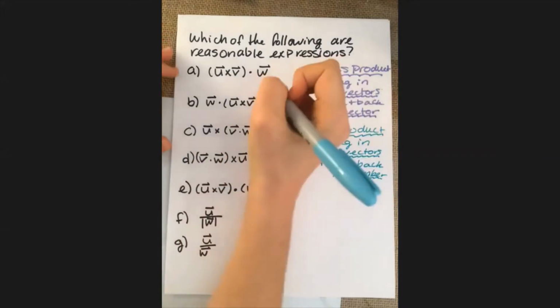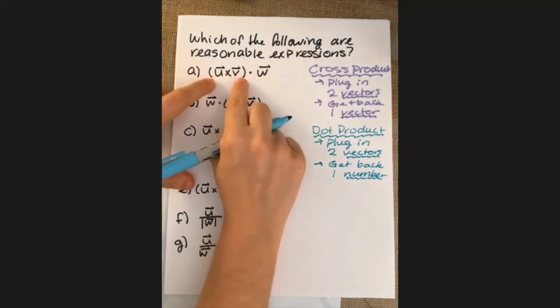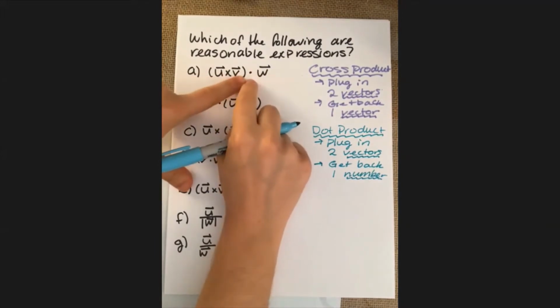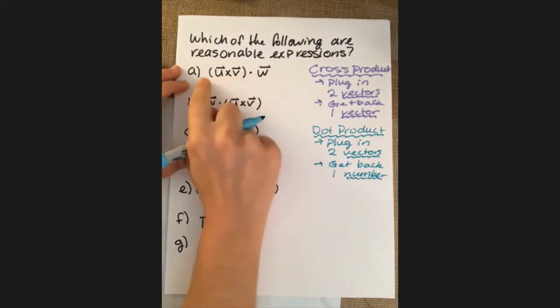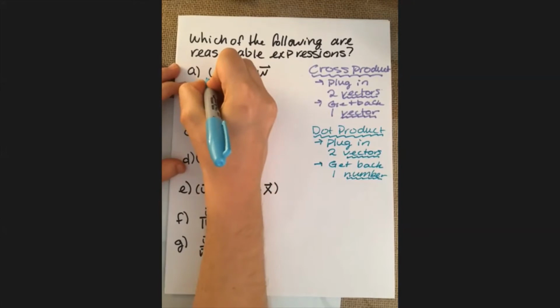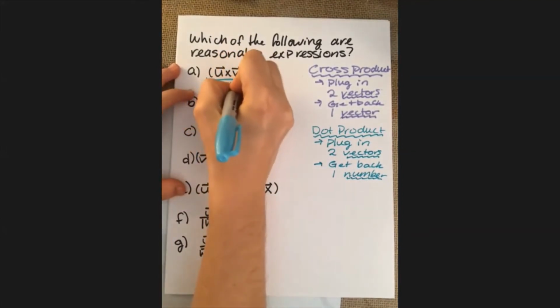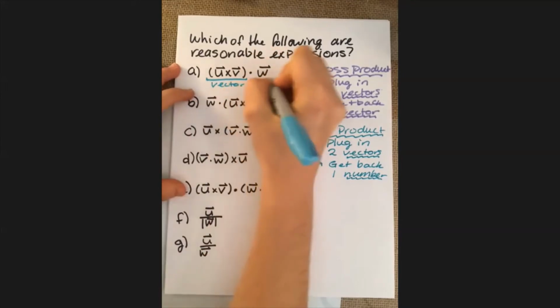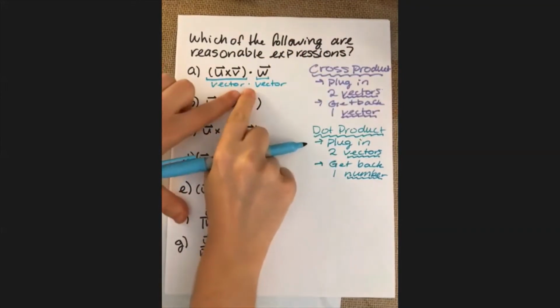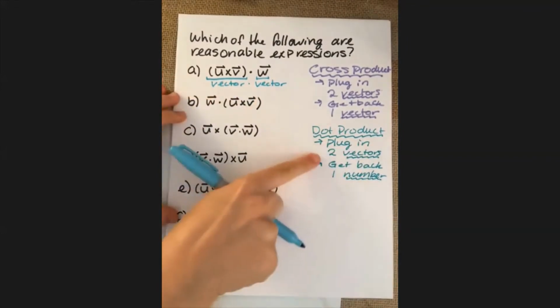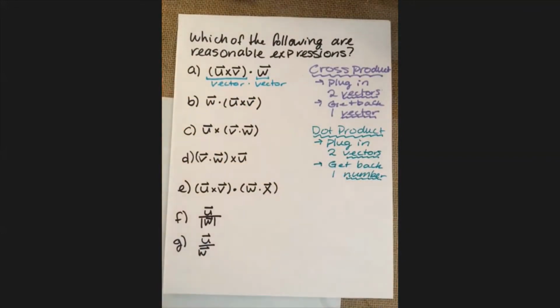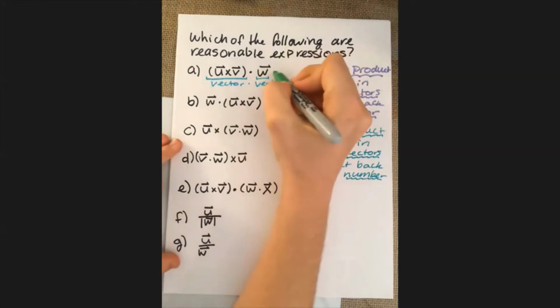The way to approach this is to just look at what's in the parentheses, see what we get back. Does it make sense with the next operation? So with this one right here, this is our cross product, so we're going to get a vector back with it. And we are dotting this with another vector. So since we are taking a vector dotted with a vector, and dot products take in two vectors, this is an acceptable expression.